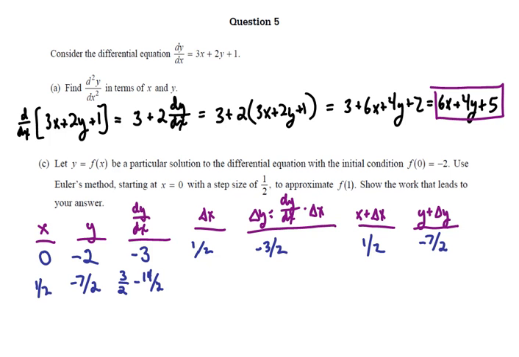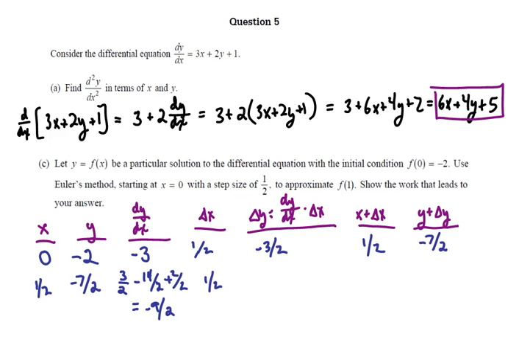I didn't add that 1 onto the end of the dy/dx. It was 3 times x, which is 3/2, and then 2 times y, which is 2 times negative 7/2, which is negative 14/2, and then plus 1. So that gives a final value of negative 9/2.